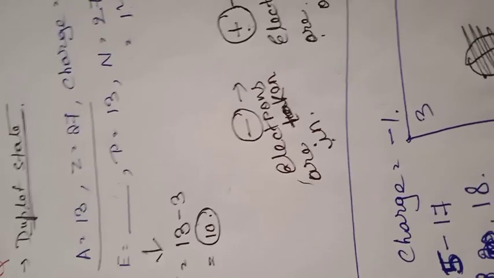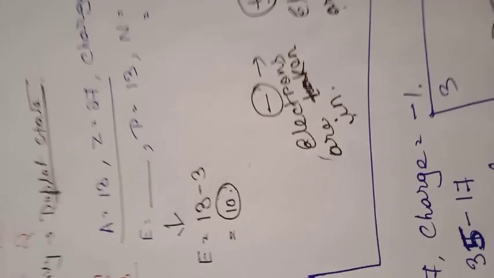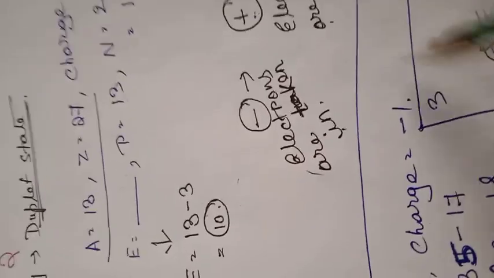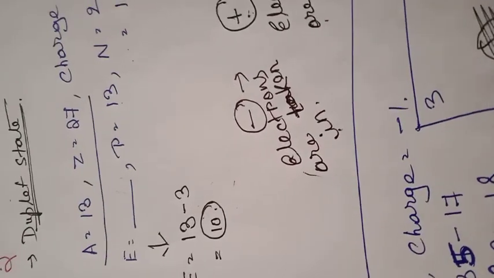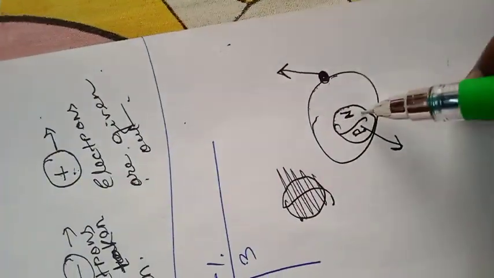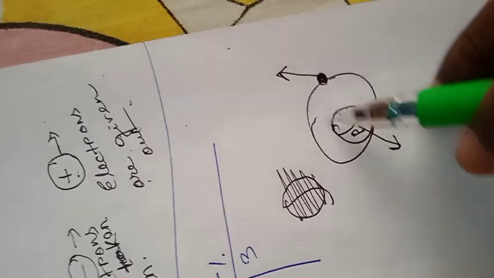In case any atom is taking in electrons, then the number of electrons will increase in comparison with the protons. So as a result, the electrons will rule. And we have to know one thing. Suppose this is my nucleus, and around that we have a shell.